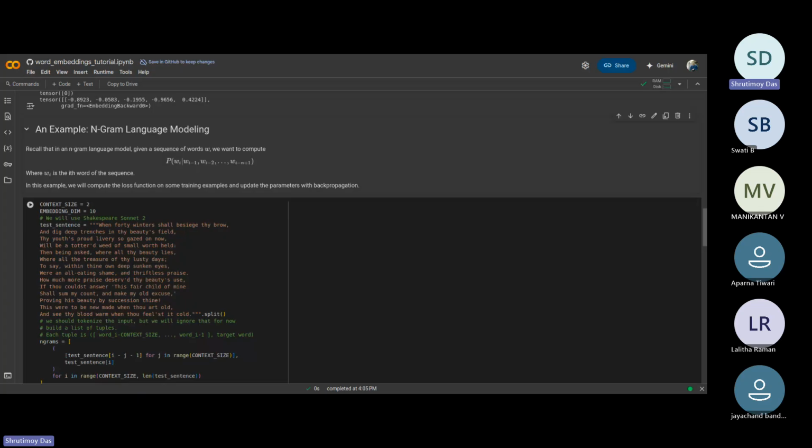That is, given a word, what is the probability of another word occurring after it. Mathematically, this is written like this. Suppose you are given the words i minus 1, i minus 2, and so on, say your context length is n. What is the probability of the ith word being wi?